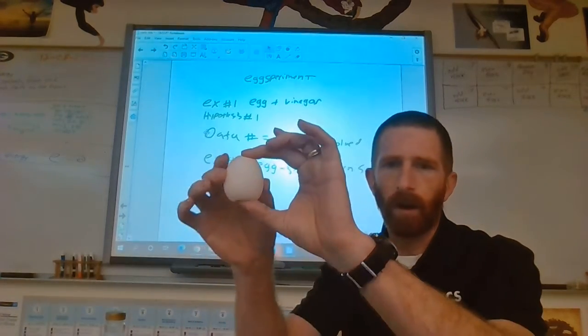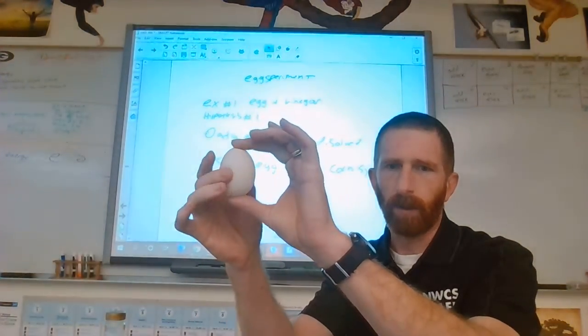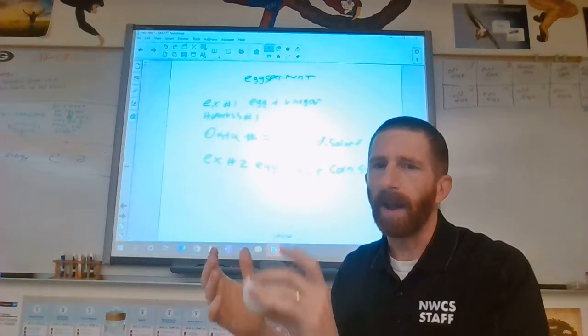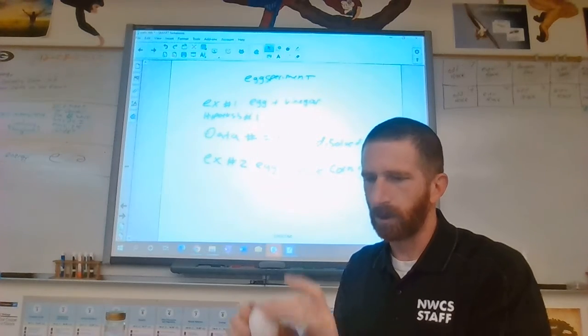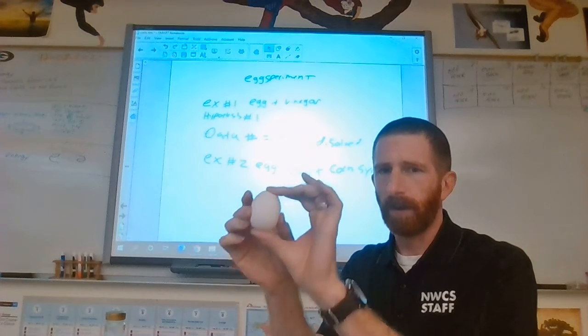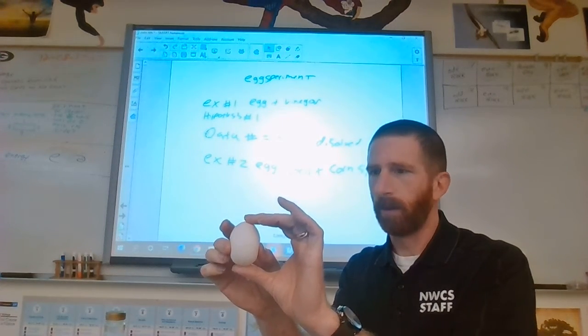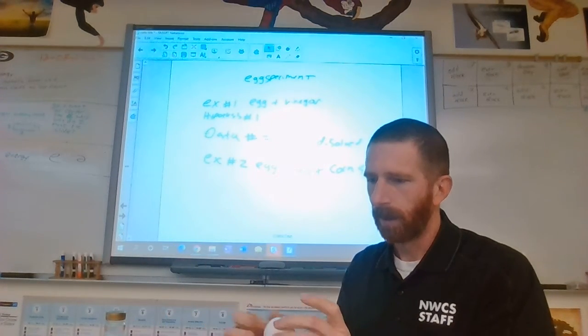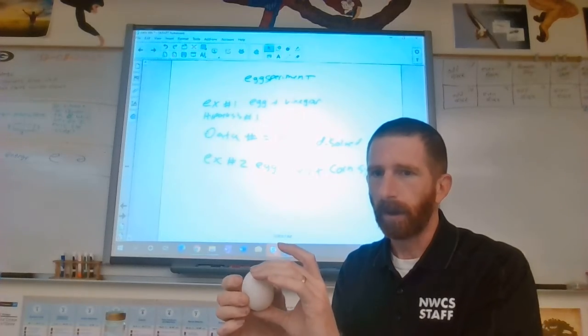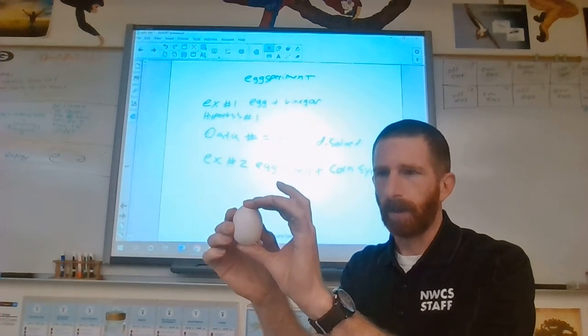So we have here an egg without a shell. We're talking about how things enter and leave the cell, and eggs are one cell. It doesn't matter whether you're talking about a chicken egg or a human egg or an ostrich egg or a frog egg, eggs are one cell.